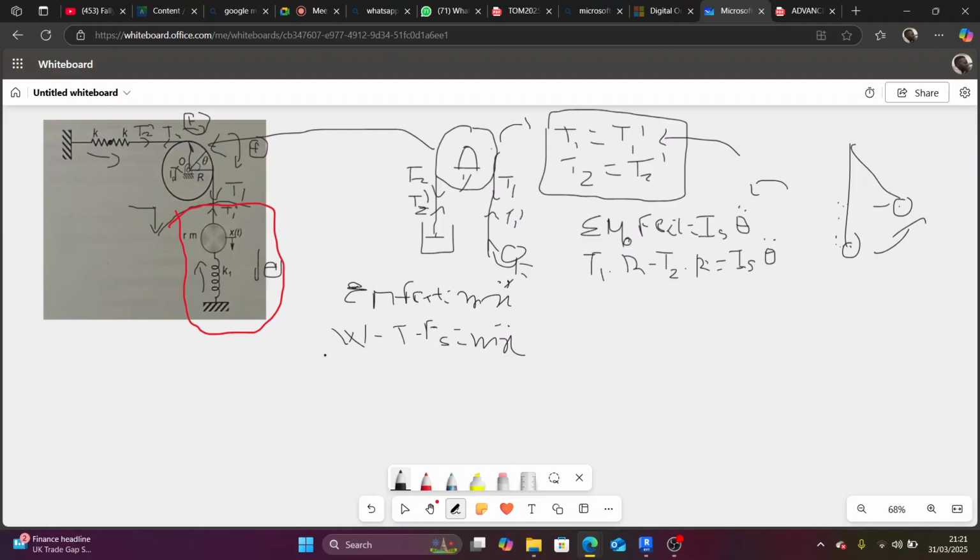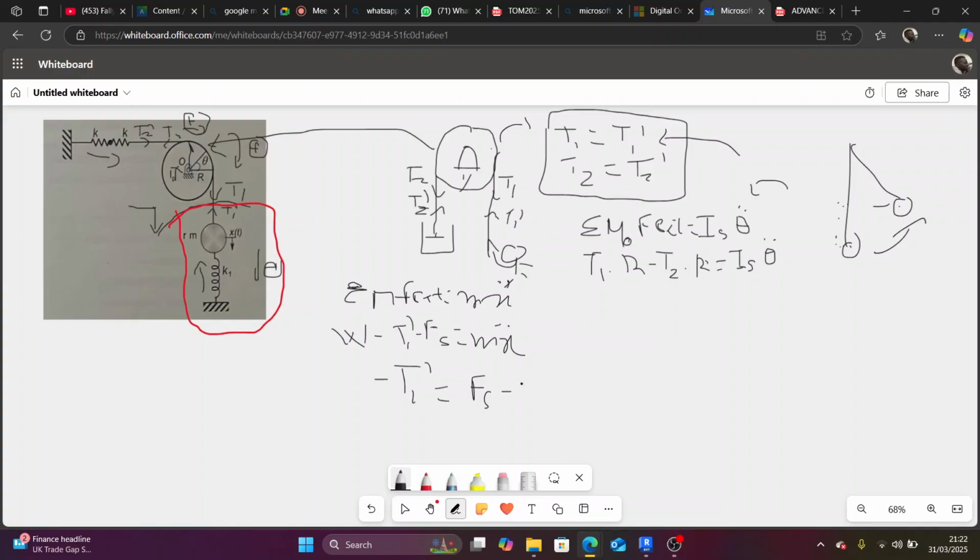Okay, in this case we're going to call this one T1 prime. Remember, it's T1 prime. Now we're going to cancel the weight because we know it goes at static equilibrium. So what we are going to do here is make T1 subject of the formula. I need to finish this quick in both cases.